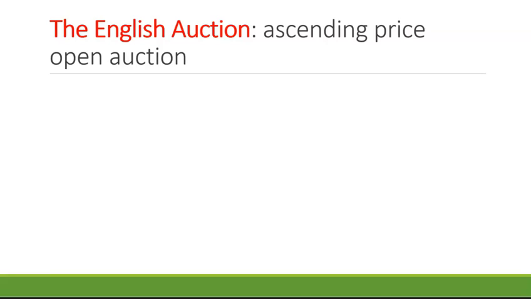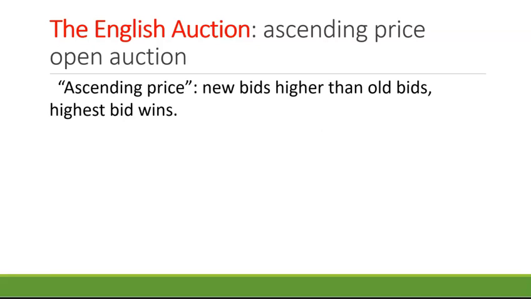And it's also an open auction, so that people can see what the bids are. In an ascending price auction, a new bid is only accepted if it's higher than an old bid, and the highest bid is going to win.